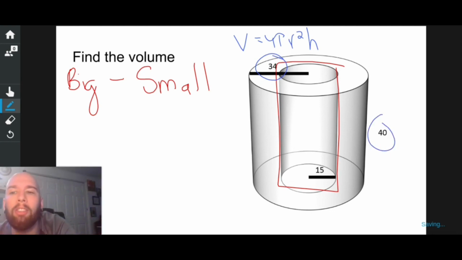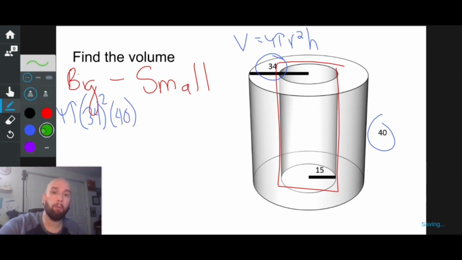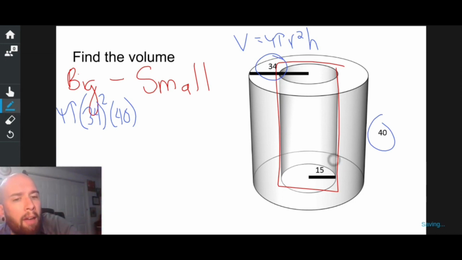So my big cylinder is going to be pi times 34 squared times 40. My small cylinder, the part that I'm removing, is going to have a radius of 15 and the same height of 40. So, minus pi times 15 squared times 40.